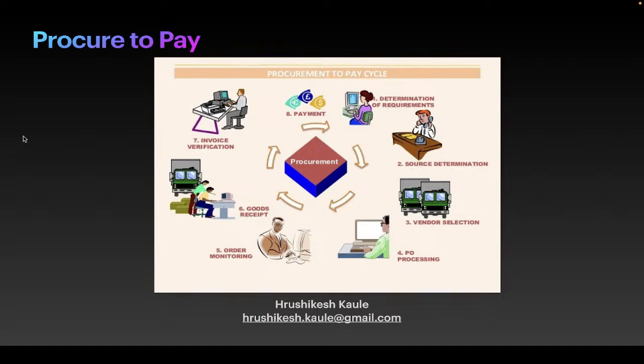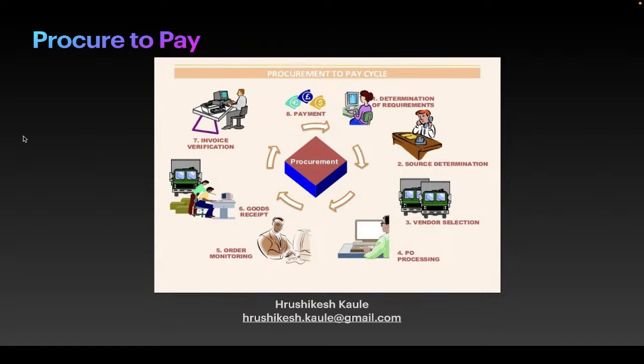And when the material actually comes to my plant, it will enter the gate, and the inventory guys will do the goods receipt. They will receive the material. Before goods receipt, there is an inbound delivery, and a few things before that. So we will go into more detail.